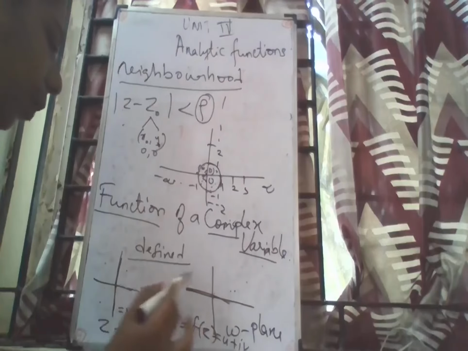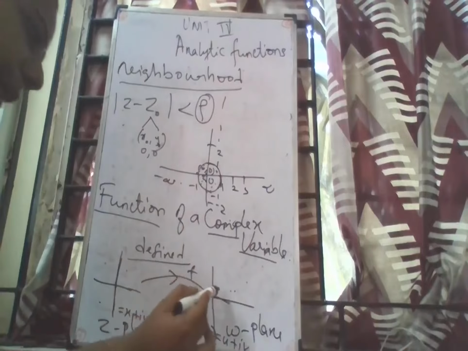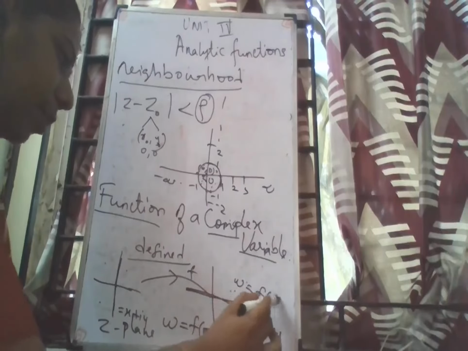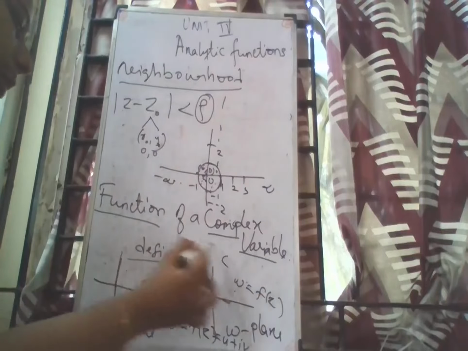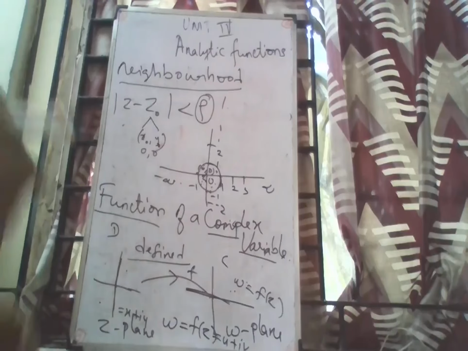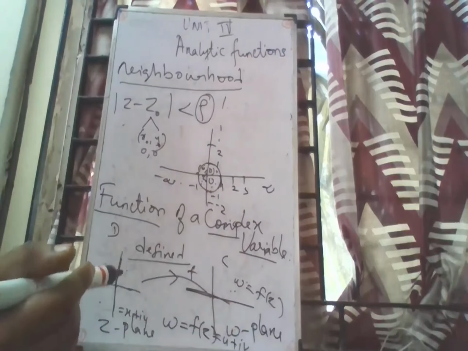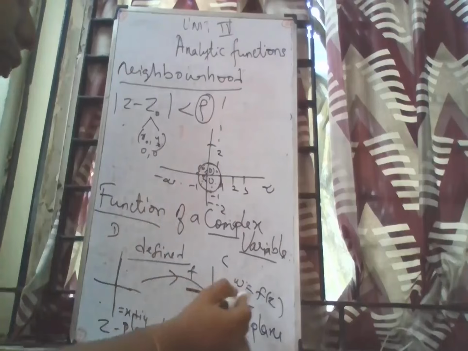I'll represent it in one word as function f. So f is a function from this domain to this codomain. I can see the image of this object in the codomain. Same concept here: image, pre-image, f of z.